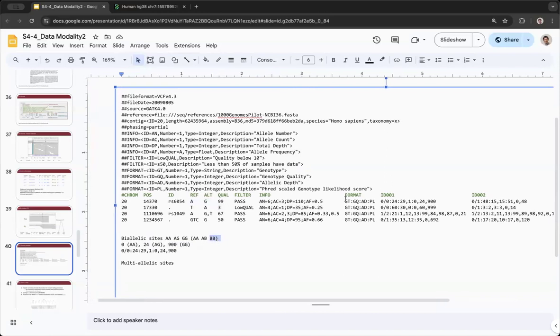And if you look at the genotype information format, you have information like GQ and PL. What is the GQ? It is the genotype quality, and what is the PL? Phred scale genotype likelihood scores, right? So PL basically means 3 different likelihood scores in Phred scales. So 0, 24, 900.